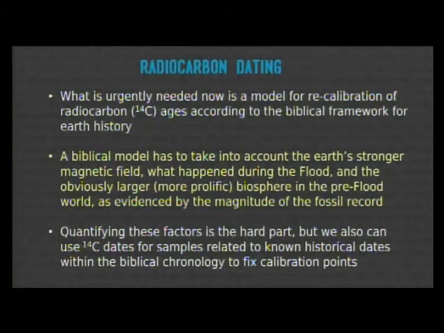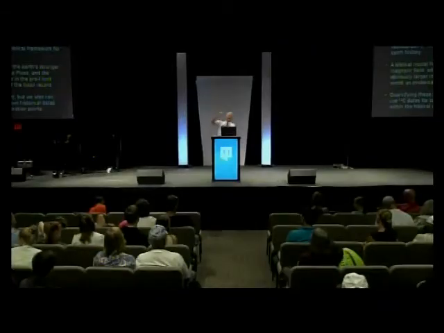Quantifying these factors is hard, but a way to do this calibration is to get carbon-14 dates for samples that are related to known historical dates in the biblical chronology. In other words, if we could guarantee a certain artifact dated from the time of Abraham, we know from the scriptures when Abraham lived, we could get a radiocarbon date and therefore we would know how much radiocarbon was inflating the age at that time, and we could recalibrate.